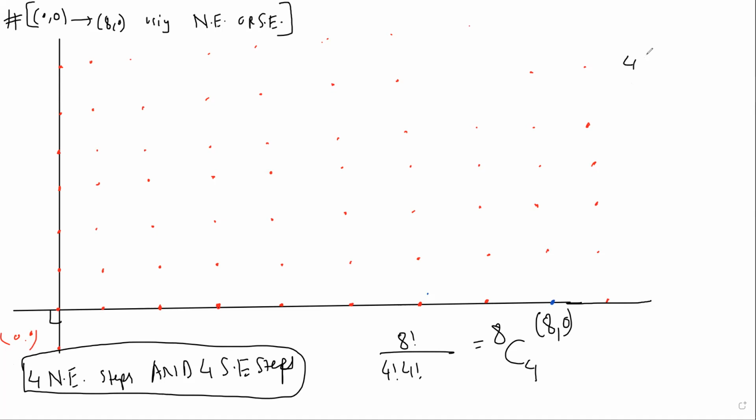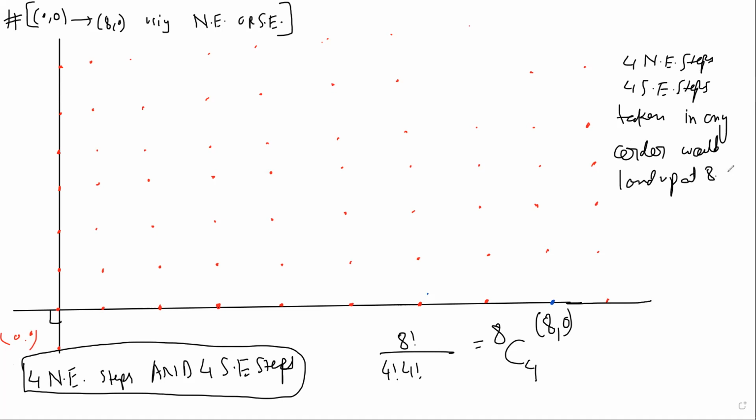So 4 northeast steps and 4 southeast steps taken in any order would land up at 8, 0, because there's no other place you can land up. You will land up at 8, 0: 0 because of the equal number of steps, and 8 because that is the total. Okay, so that has to be said, right? And every path will give a unique sequence.